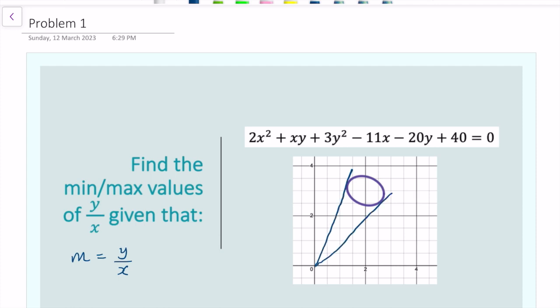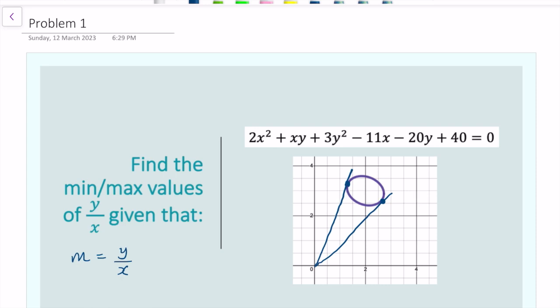The maximum slope will be the maximum change in y over change in x, which is going to be corresponding to that coordinate there on the ellipse. And then likewise, the minimum slope will be the tangent with the lowest slope. So the y over x thing is the key connection there.